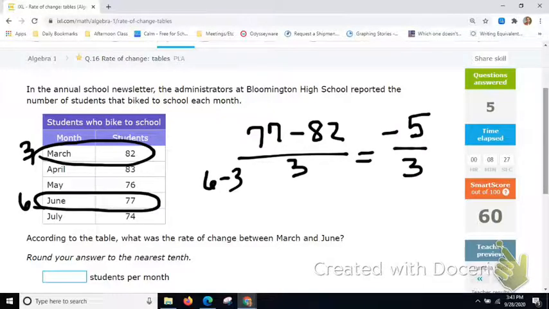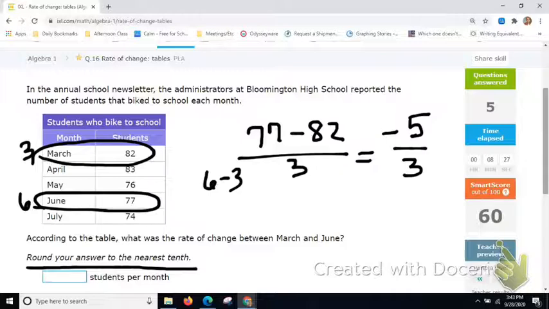When I see this that says round your answer to the nearest tenth, that tells me, oh, they don't want me to leave this one in a fraction. So I'm going to grab my handy dandy calculator and do 5 divided by 3. And I get a whole bunch of 6's and a 7 at the end.